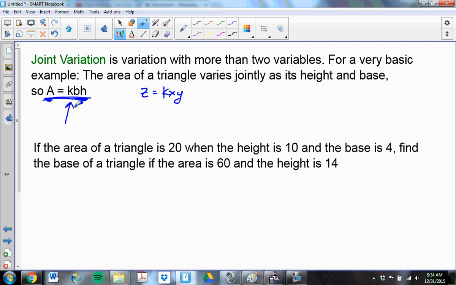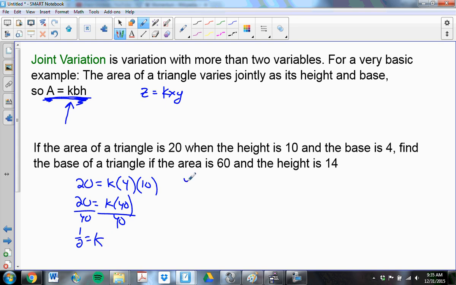So if the area of a triangle is 20, and the height is 10, and the base is 4, I solve to find k. And now you realize, well, yeah, duh, we knew the area of a triangle was 1/2 base times height.